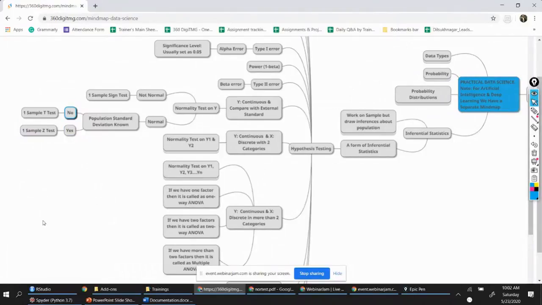Using the z-test and t-test, I get the statistic value. Using that statistic value, I calculate the probability of whether the result is falling in the accepted region or not. If it falls in the accepted region, then go with your regular default action.